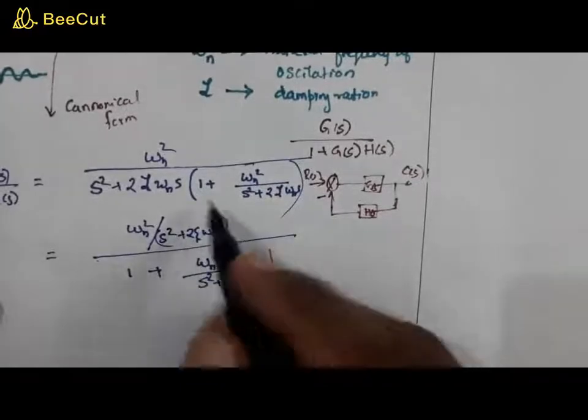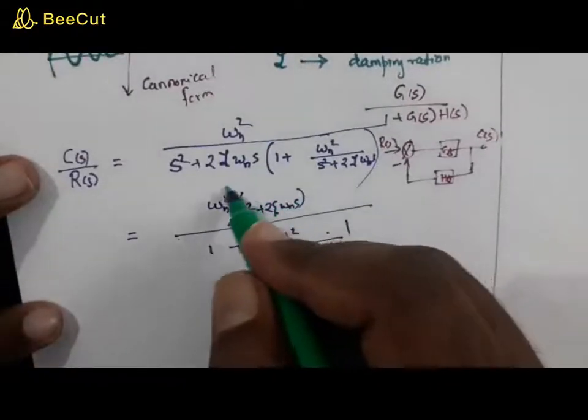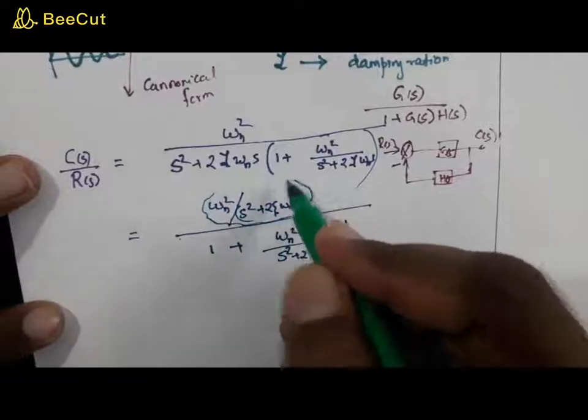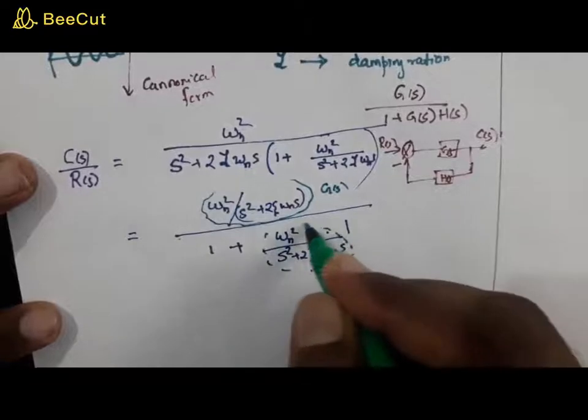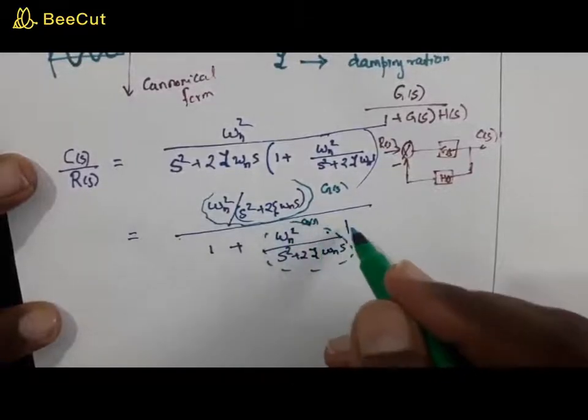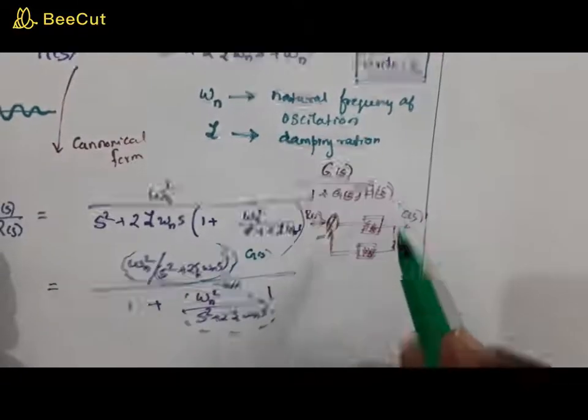So now look at this. This one corresponds to G(s). So you have a G(s) here, G(s) into 1. So this is of the form G(s) by 1 plus G(s)H(s).